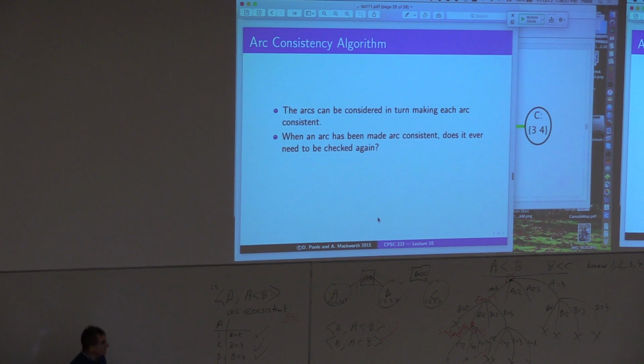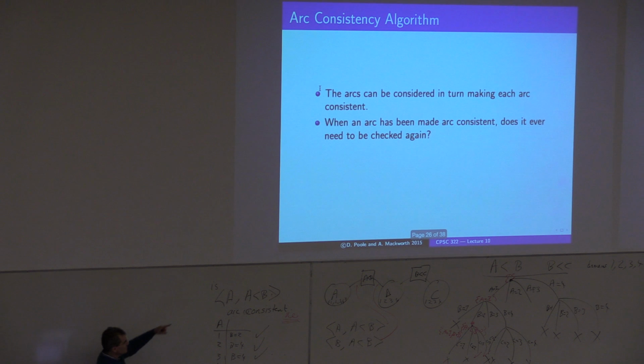So this is the general arc consistency algorithm we're going to do. We're essentially going to consider the arcs in turn, making them each arc consistent. And now the question is, when an arc's been made arc consistent, does it ever need to be checked again? Well, we just saw that, so the answer is yes, it does.